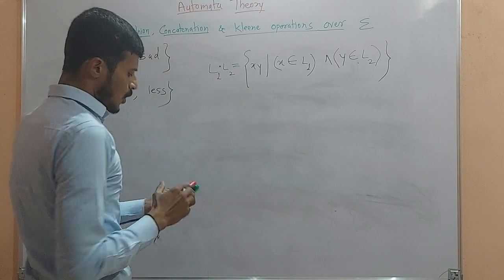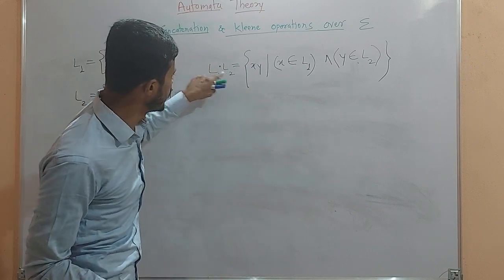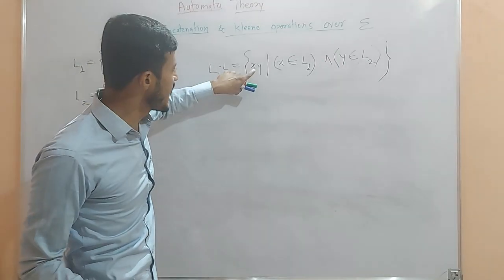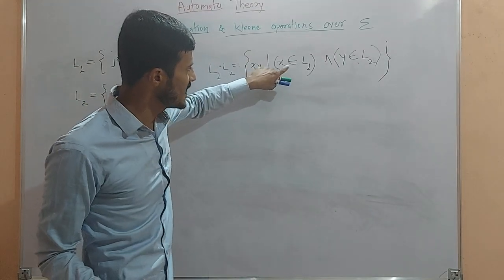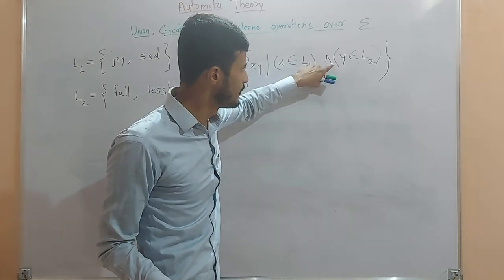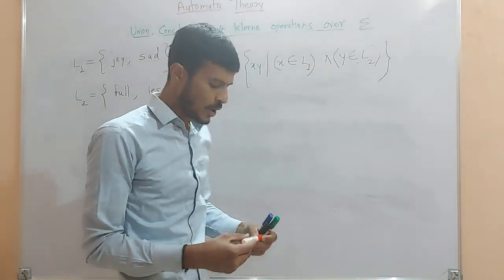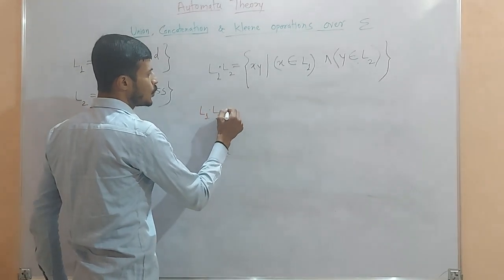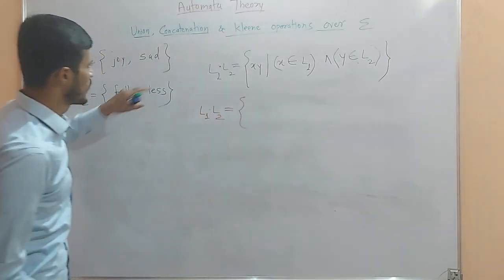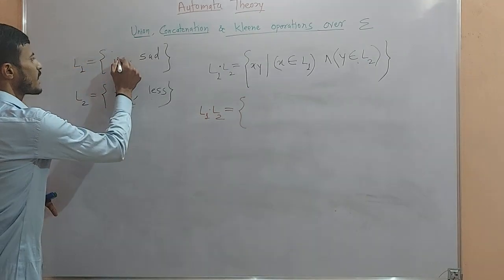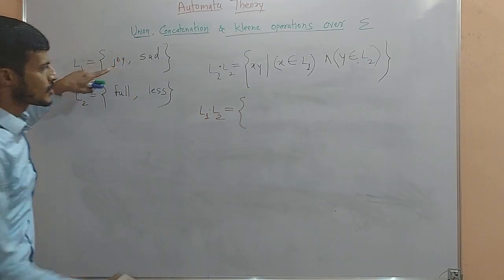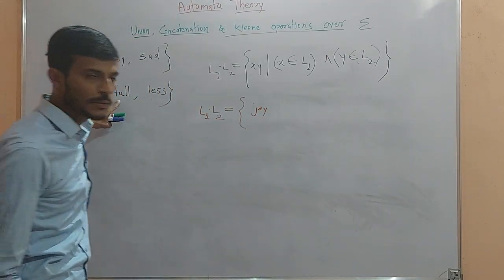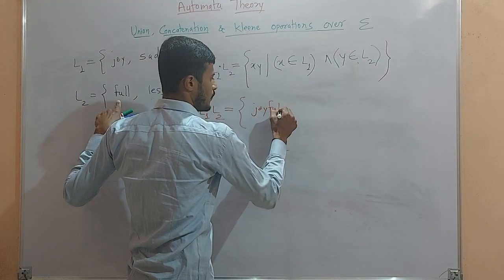Okay, so I am going to concatenate L1 and L2. These are the two languages to be concatenated. The result will be xy, where x belongs to L1 and y belongs to L2. So the result will be L1 dot L2, which is equal to xy. I will take the first string from L1, that is joy, and concatenate it with full: joyful.